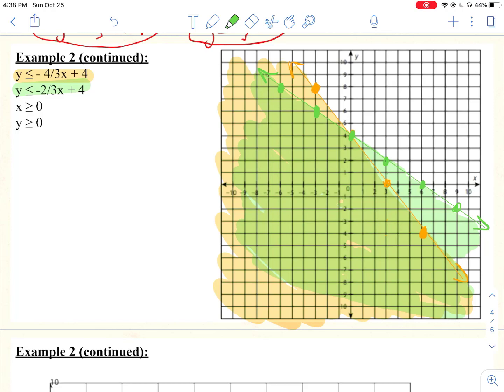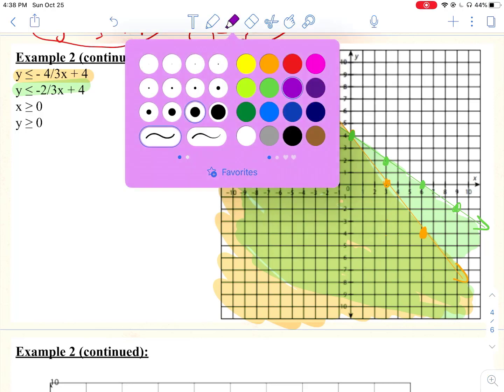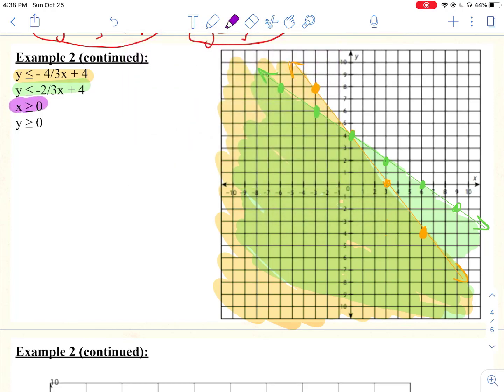But we also have to remember we have constraints. My x is greater than or equal to 0 and my y is greater than or equal to 0. So we're going to highlight where the green and orange intersect, but also where my x values are greater than or equal to 0 and my y values are greater than or equal to 0.